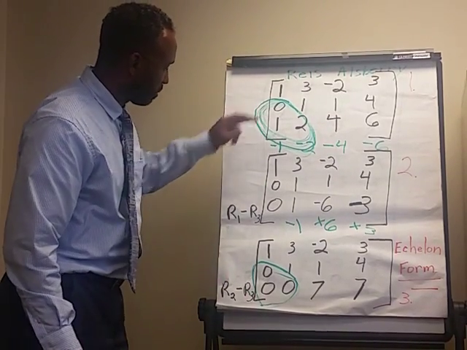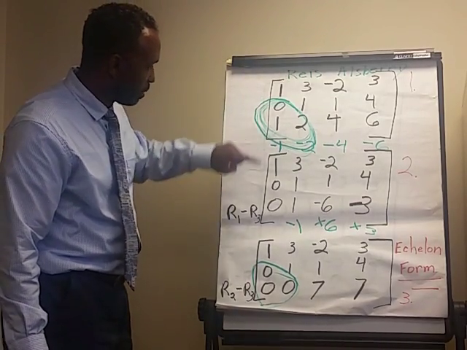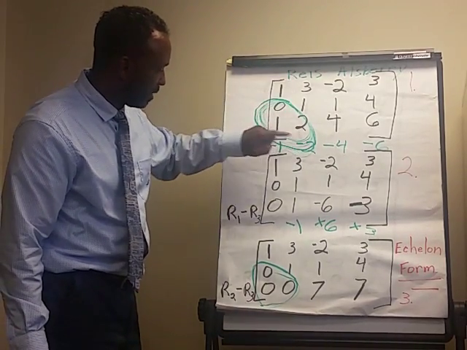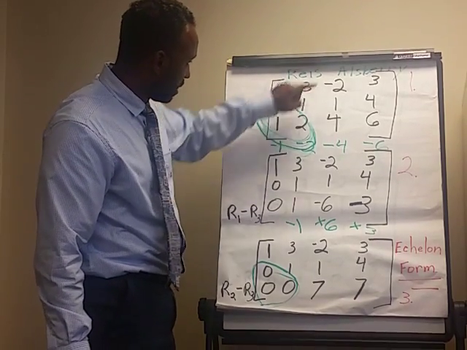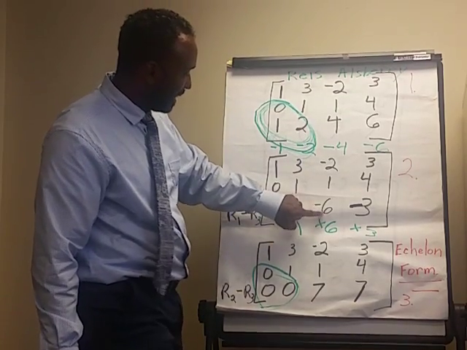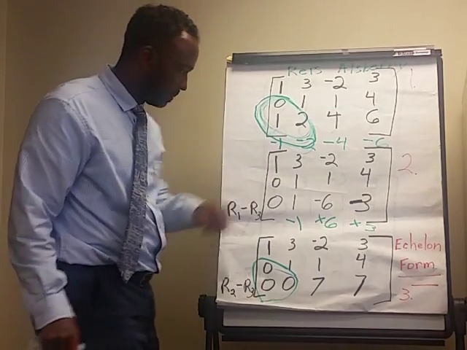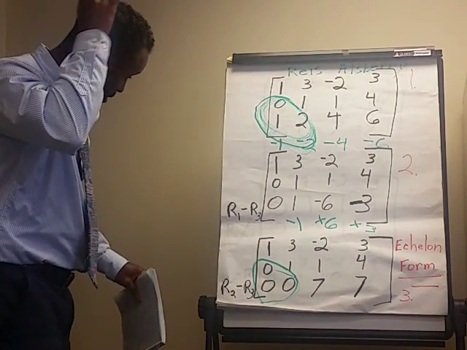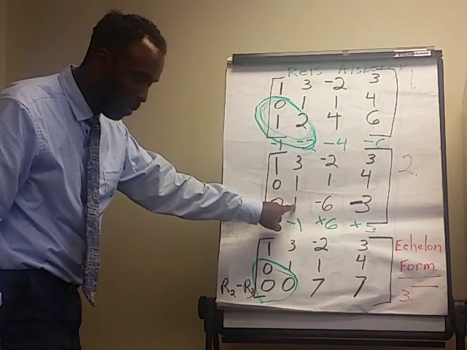When we replace it down here at row 3, we get 1 minus 1 is 0, 3 minus 2 is 1, -2 minus 4 is -6, 3 minus 6 is -3. So we have 2 zeros, and we need to get another 0 here where that 1 is.